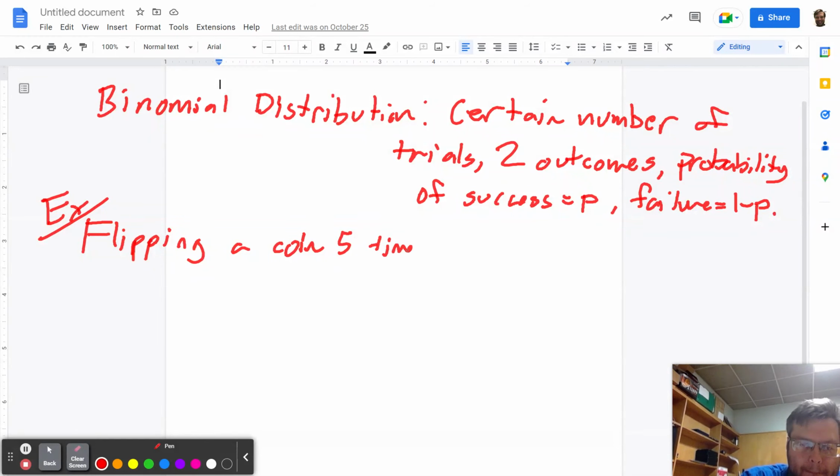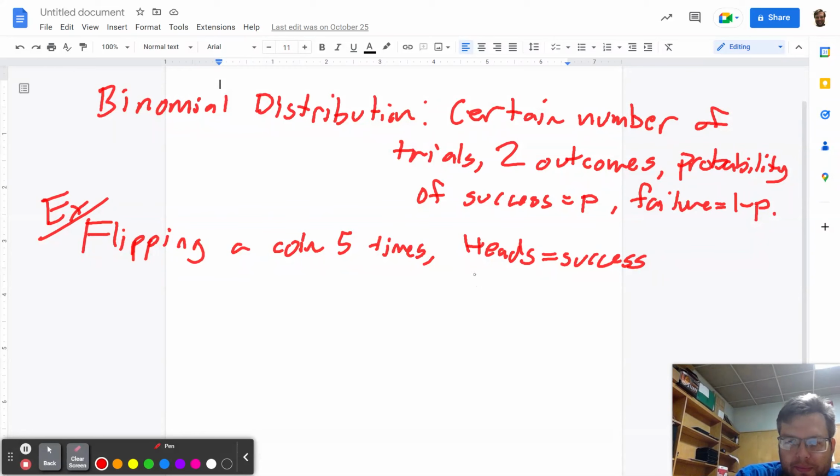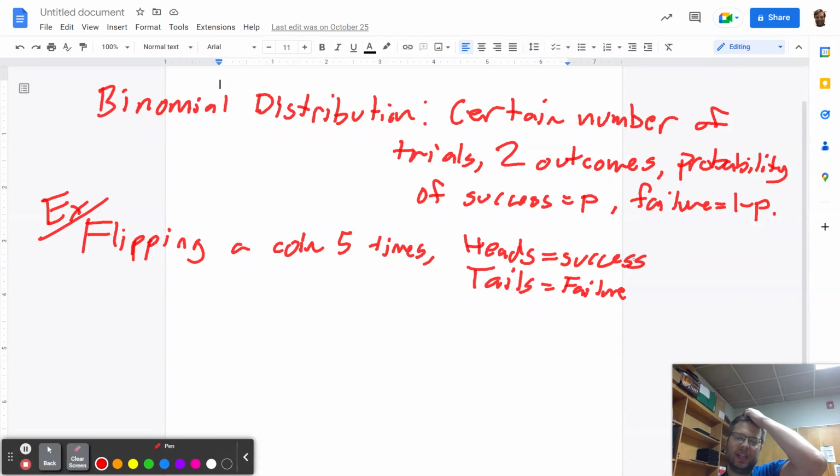And let's say that heads is our success, and then tails is our failure. It's sort of arbitrary which one you call which. A lot of times you'll see that language of success and failure, and it doesn't really mean winning or losing. It's just sort of identifying a way of counting up the different outcomes.